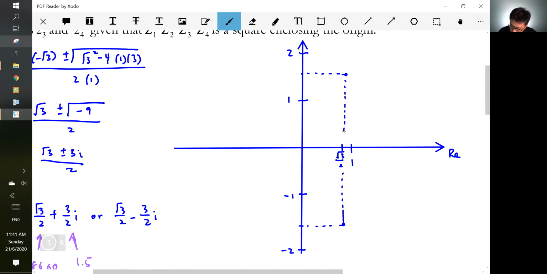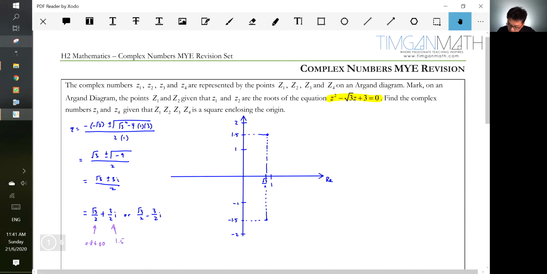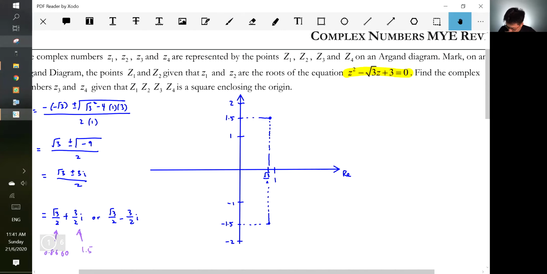I don't even know which is Z1, Z2. I think it doesn't matter. They want us to mark on the Argand diagram Z1, Z2. Just mark Z1, Z2 now.